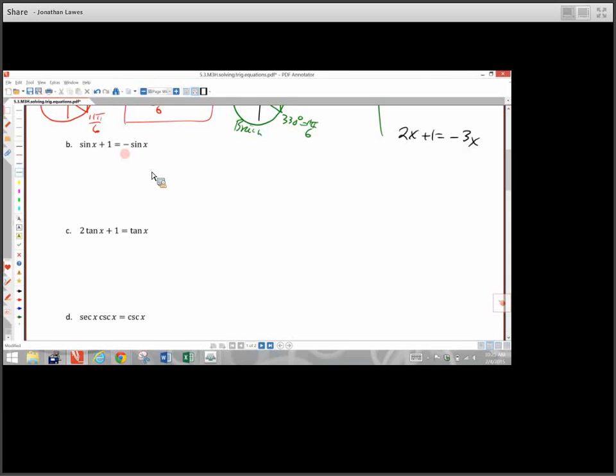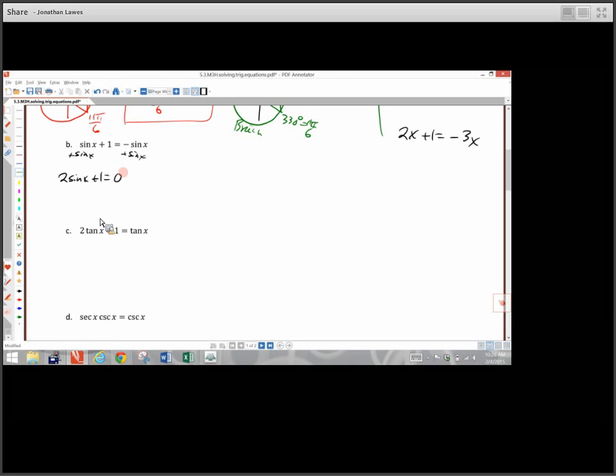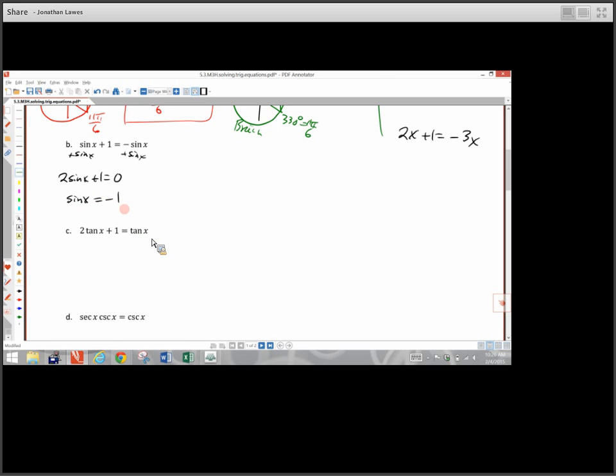So I'm going to add sine of x here, and I'm going to add sine of x here. That's going to give me 2 sine of x plus 1 equals 0. Next, subtract the 1. So this is going to be the sine of x equals negative 1, and then I get rid of the 2 by dividing by 2. Is everybody okay if I put those 2 steps together?